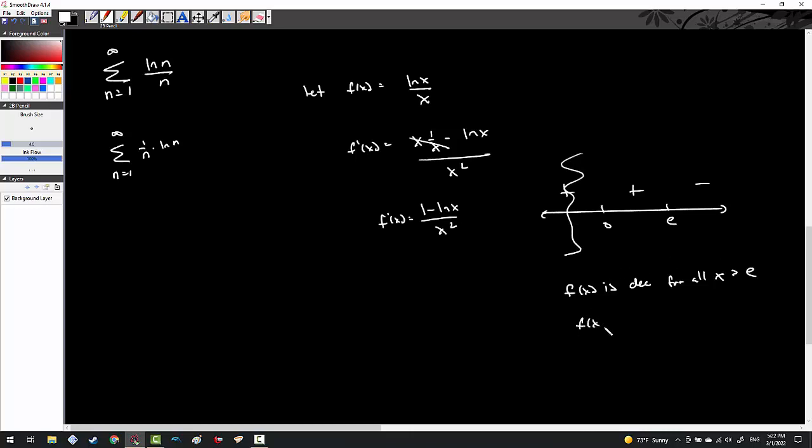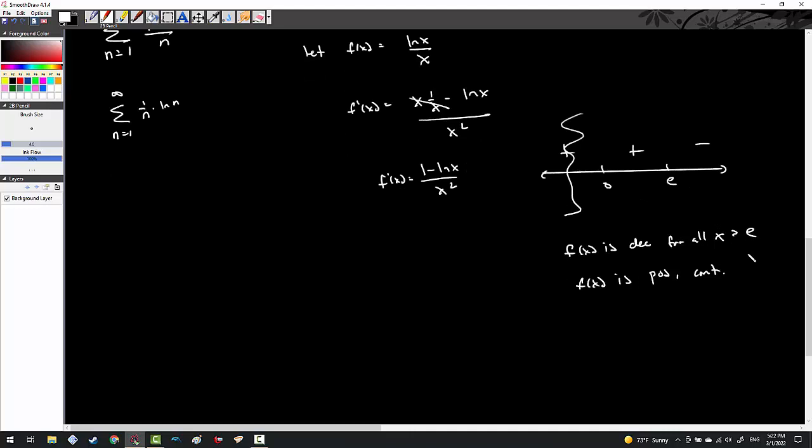We know that f of x is positive and f of x is continuous. So the fact that f is decreasing for all x greater than e means that the sequence terms would be decreasing for all x greater than or equal to 3. So hopefully that makes sense. You can actually just call it e right there.